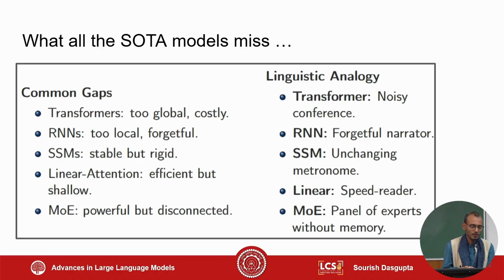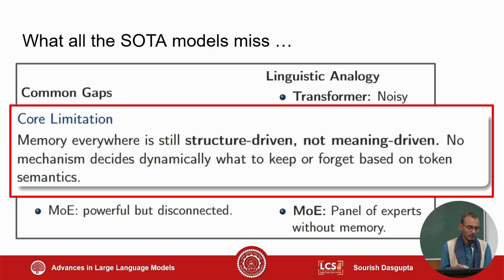So in a nutshell, this is the landscape, so to say. The core common limitation is that memory is there everywhere.